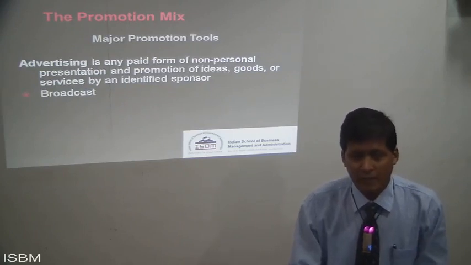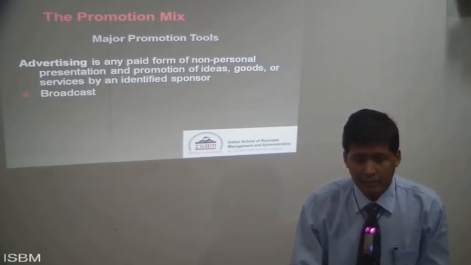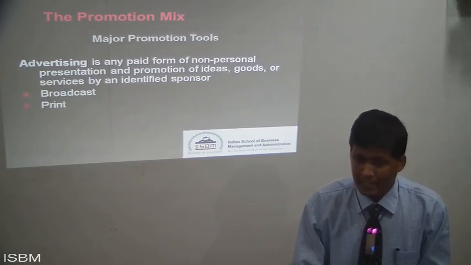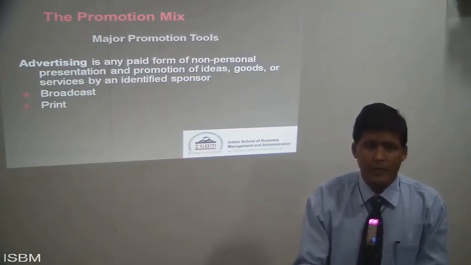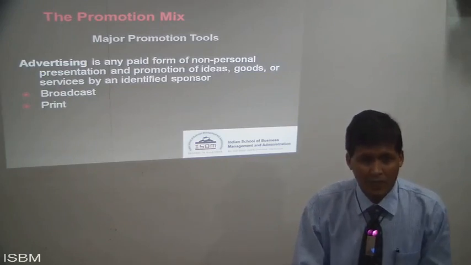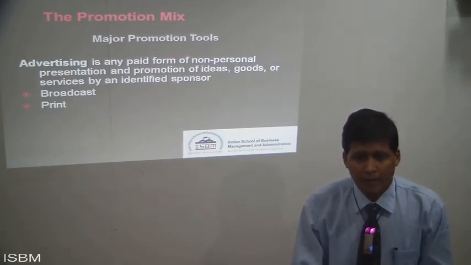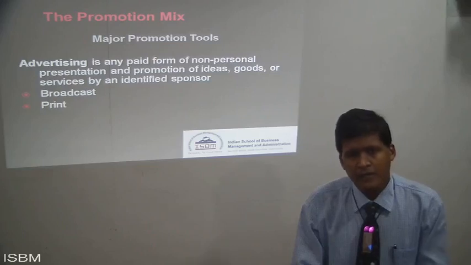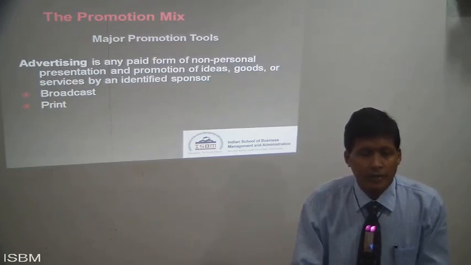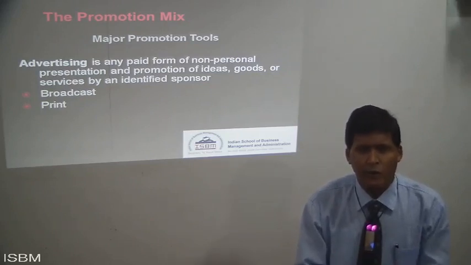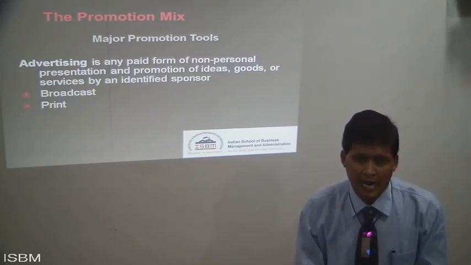Now, advertisement could be done through broadcast, or through print. Print could be a newspaper print or a magazine print. So, for example, if you want to put up a job portal, say for people who are in the jobs industry, it could be an online portal broadcast, for example Naukri, Monster, Jobs Ahead.